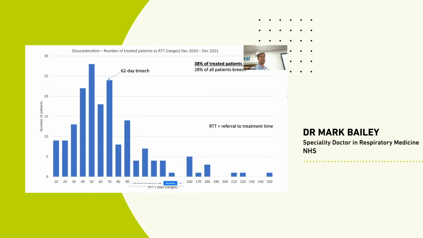Highlighted in the top right, 38% of patients that are treated breach, meaning they go past that 62 days. And that 62 days is going to be shortened to 49 days, as a national lung cancer group said we need to shorten it. So that number of breach patients is just going to expand. We need to try and fix this somehow, and that's what I'm going to talk about today.